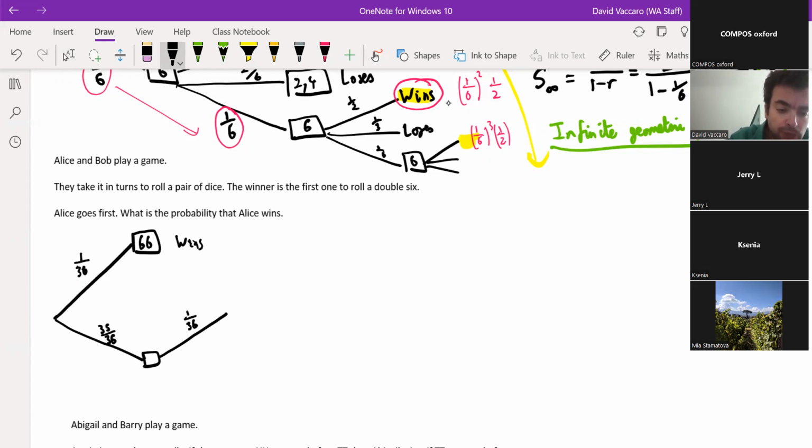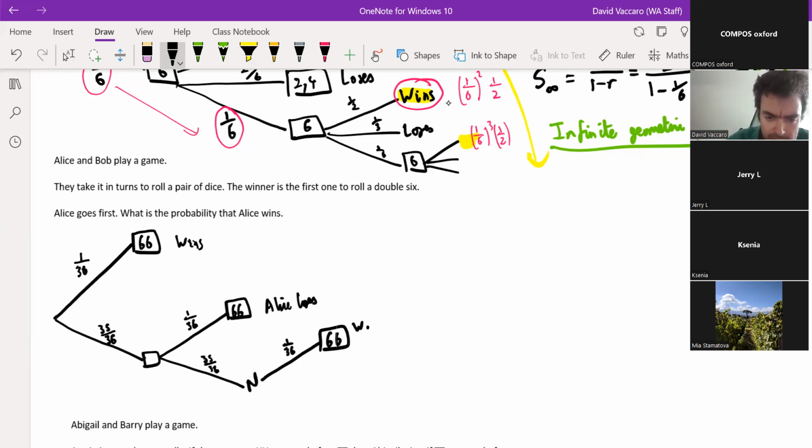Bob can throw a double 6, and then Alice loses. Or Bob can not throw a double 6, and now Alice gets a second attempt to throw, and if she gets a double 6, she wins.